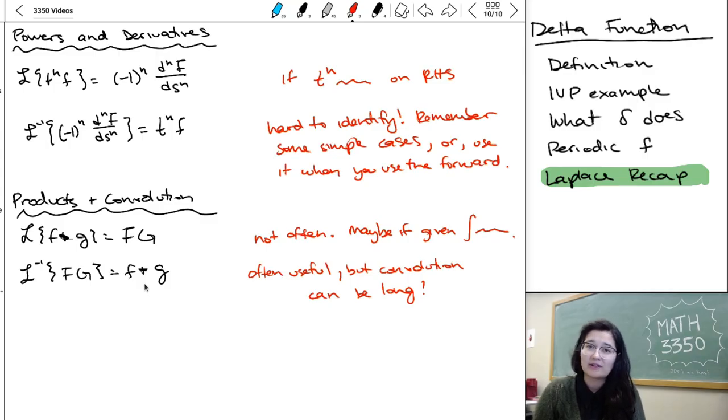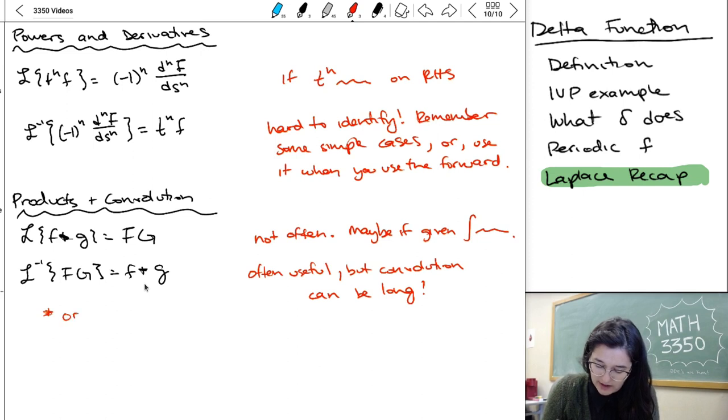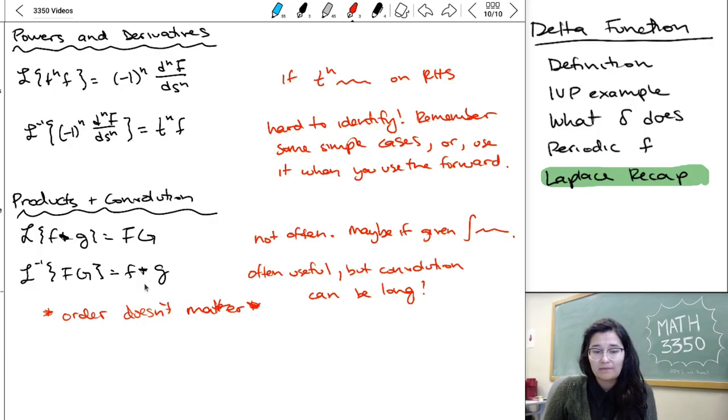I would do partial fraction decomposition probably before I would integrate trig functions, but that's because I don't like trig functions. And then here, just note that order doesn't matter. So you can pick the order for your functions that makes your life easiest. I think that's all there really is to say about convolution.